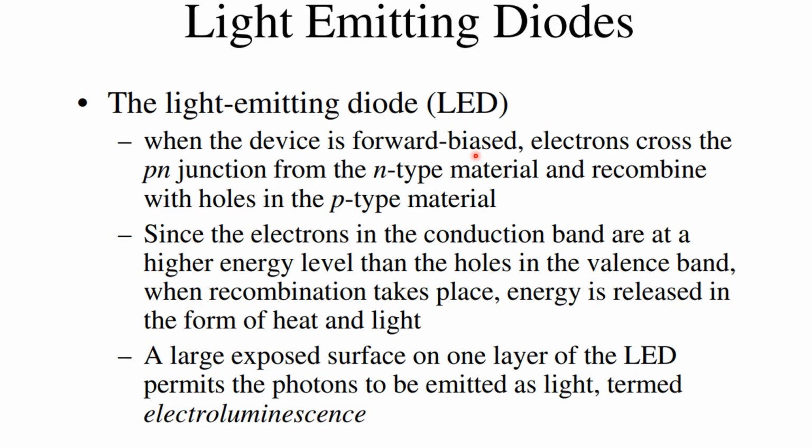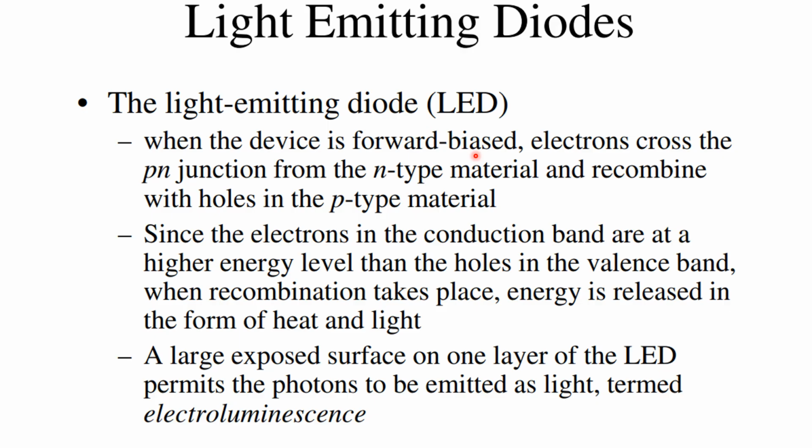If you use normal silicon and germanium, the energy is released as heat. For an LED we need the energy in the form of light, so for that purpose we use gallium arsenide, gallium phosphide, and so on. We see LEDs in different colors: white, green, red, yellow, orange. For different colors we use different types of materials. For example, gallium arsenide is for one color, gallium phosphide is for another color, like that.